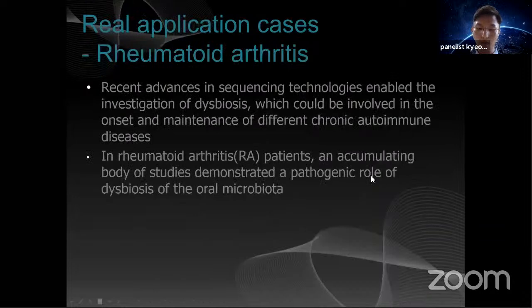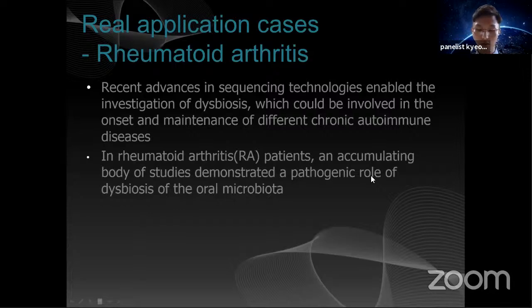The second example is rheumatoid arthritis. The human microbiome is not only involved in the digestion and absorption of food, but it can also exert a protective function by preventing adherence of pathogenic bacteria to the mucosal layer, and it plays a pivotal role in modulating the innate and acquired immunity of the host.